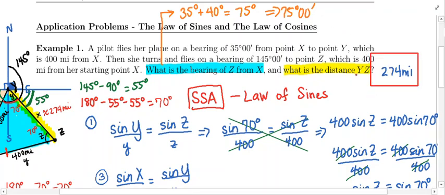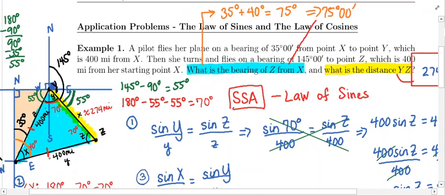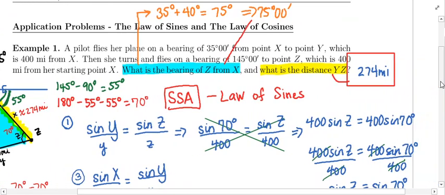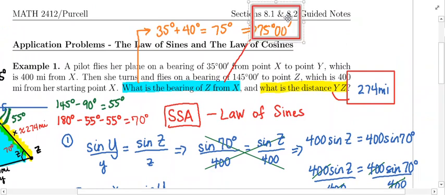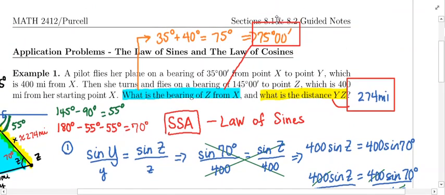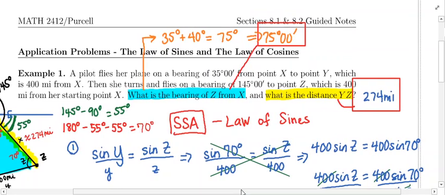And then the bearing from X to Z, the bearing of this line segment here, is 75 degrees and 0 minutes. You can see from doing these problems, they can be quite complicated. You must draw them out to solve the problem.